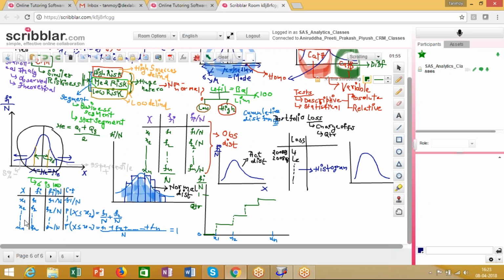Therefore, this is how the CDF, or the observed cumulative distribution function, will look like. Cumulative distribution function.